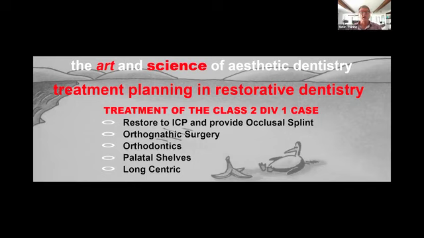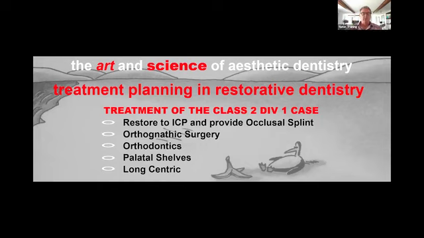So there is always a horizontal component. So if I take my patient back to our AP, that overjet that we've got will increase. It may be increased by a minuscule amount. It may be increasing by 1 or 2 millimeters. So our first option is to restore to our intercuspal position. So we're actually not making that overjet any worse.